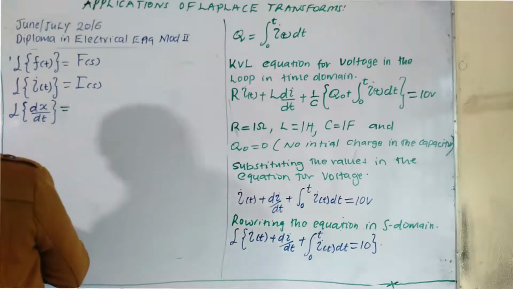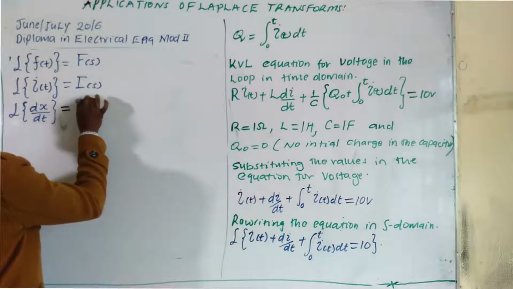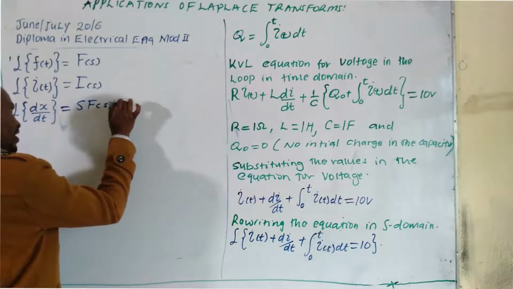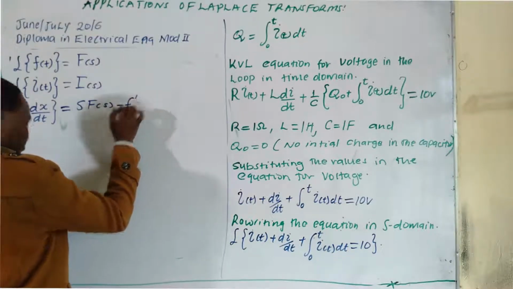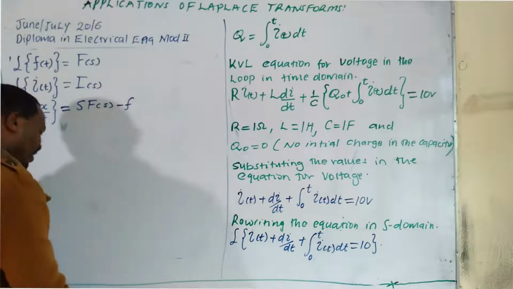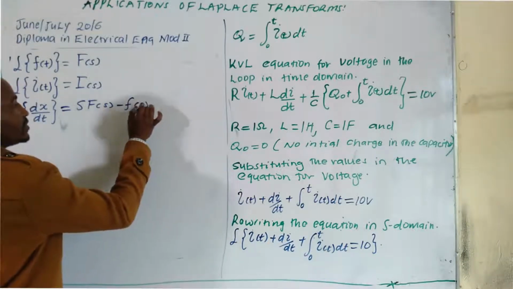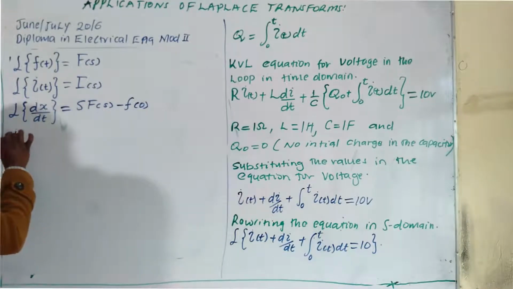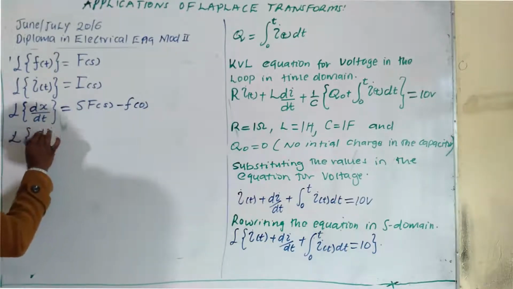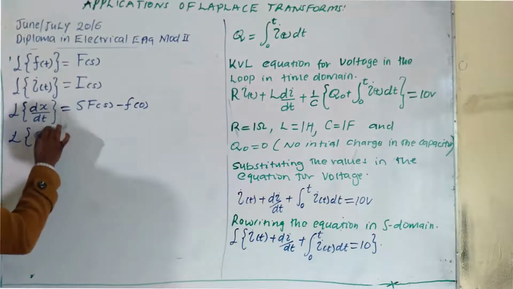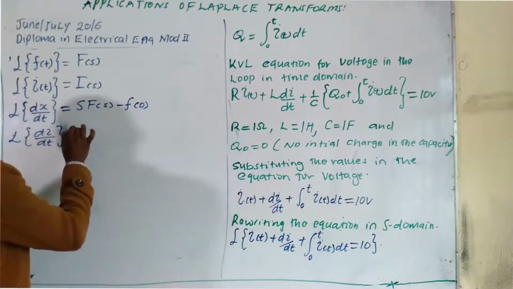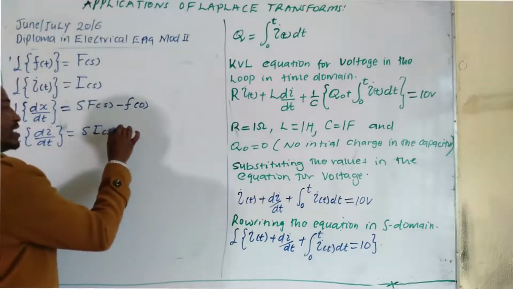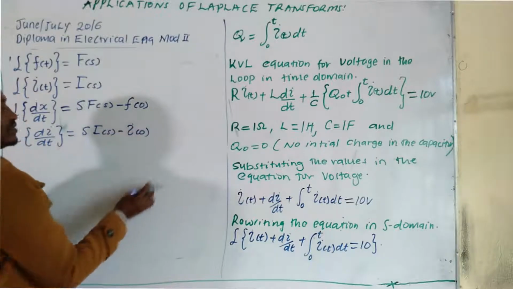This is equal to sF(s) minus the first derivative, minus f of 0. That's what we saw earlier. Therefore, L of di/dt will be equal to s I(s) minus the initial current in the circuit.